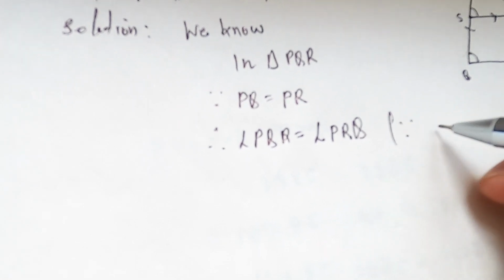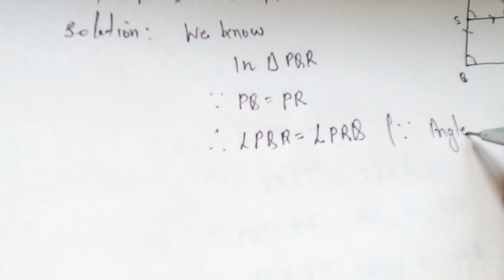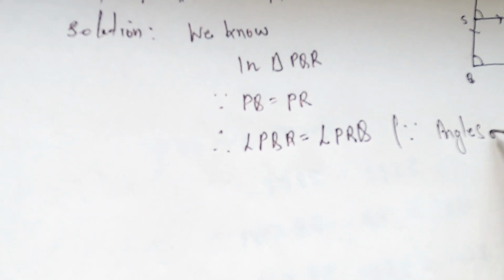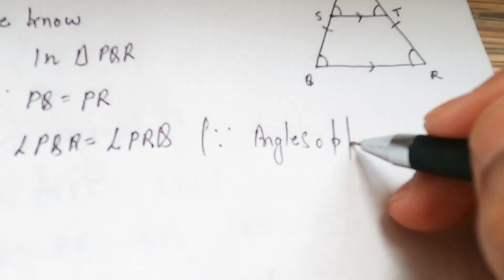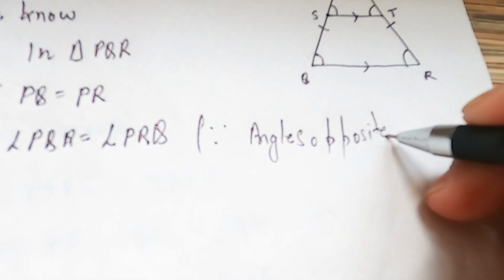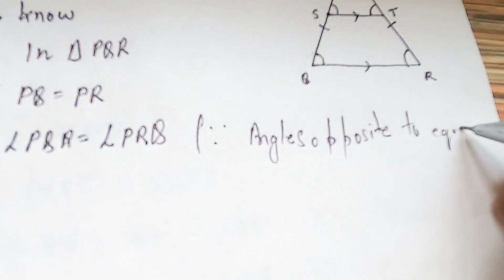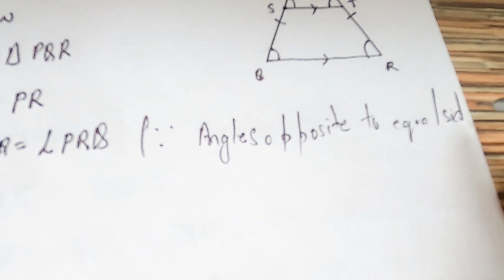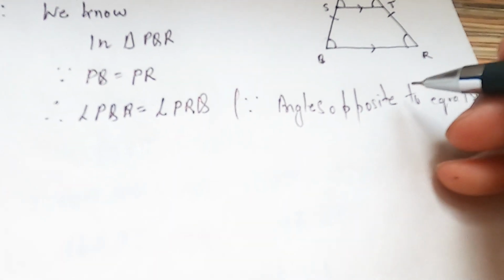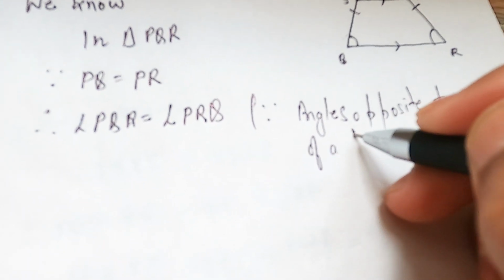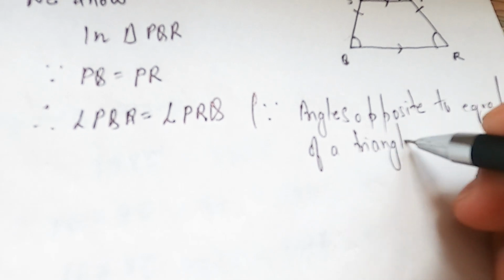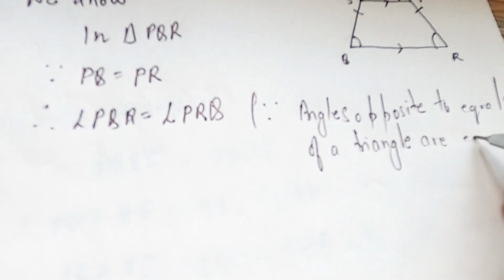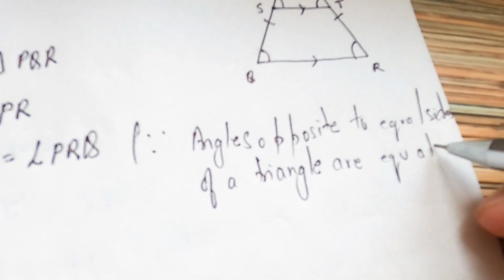And what is the reason for this? Angles opposite to equal sides of a triangle are equal.